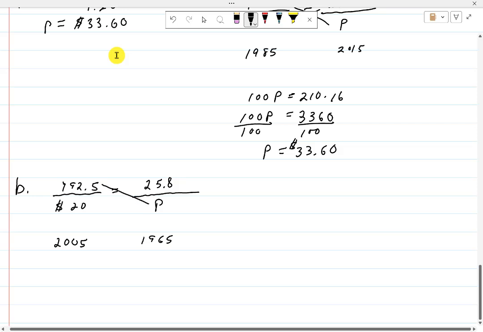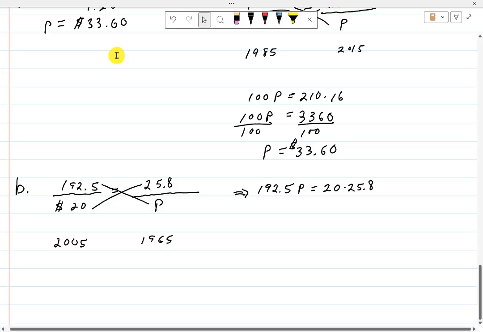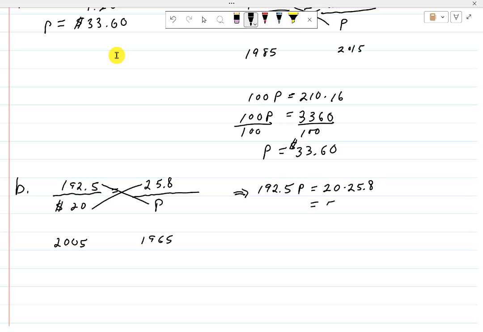And let me cross multiply. That number there is a 1. So I'll put my work over here. I'm going to get 192.5 P equals 20 times 25.8. On the right side, I get 516. On the left, I still have the 192.5 P. I'll divide by the 192.5.